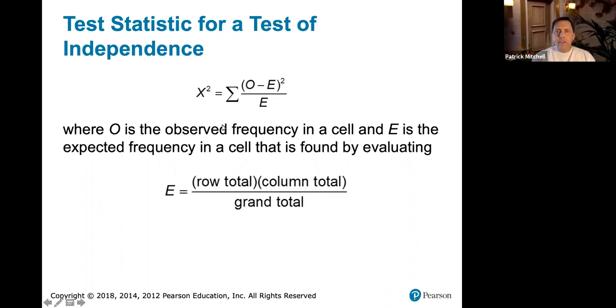So again, O is the observed frequency in a cell, and E is the expected frequency in a cell. And unlike in the last section, the way that you calculate E for each cell is to take the row total times the column total and divide by the grand total. And when we get to an example, I'll try to say a few words about why that calculation makes sense.